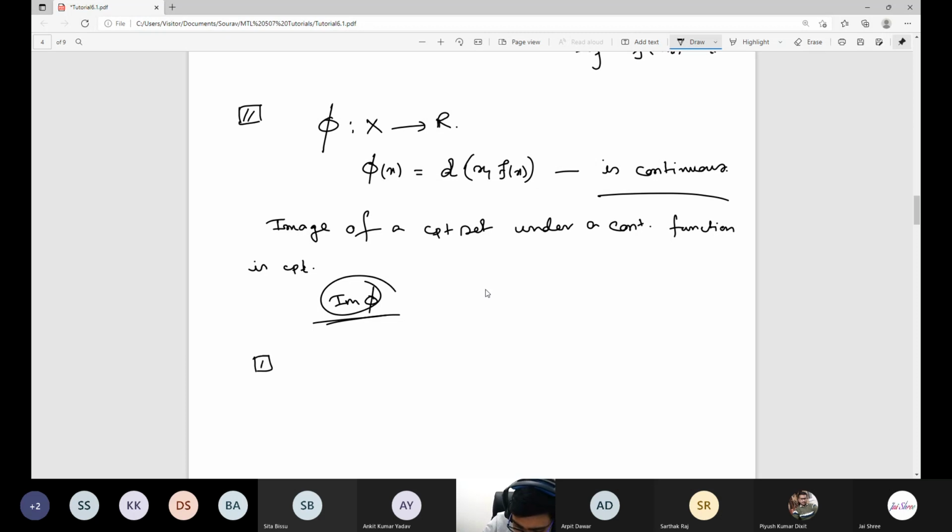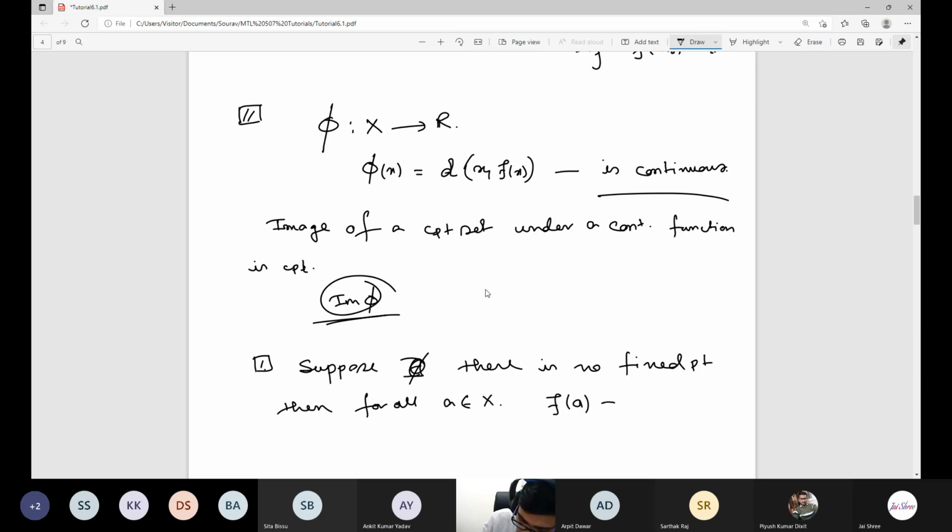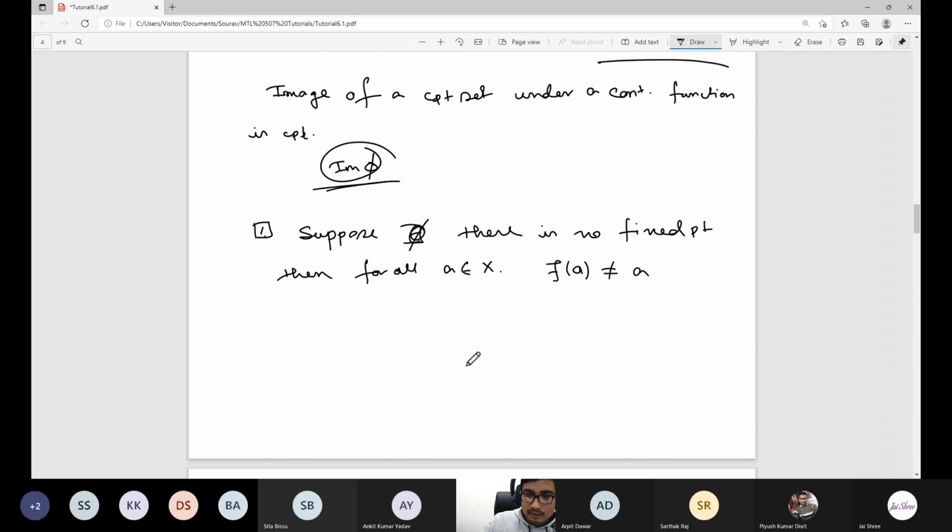Now suppose there is no fixed point. Then for all a belongs to x, a not equal to f of a.